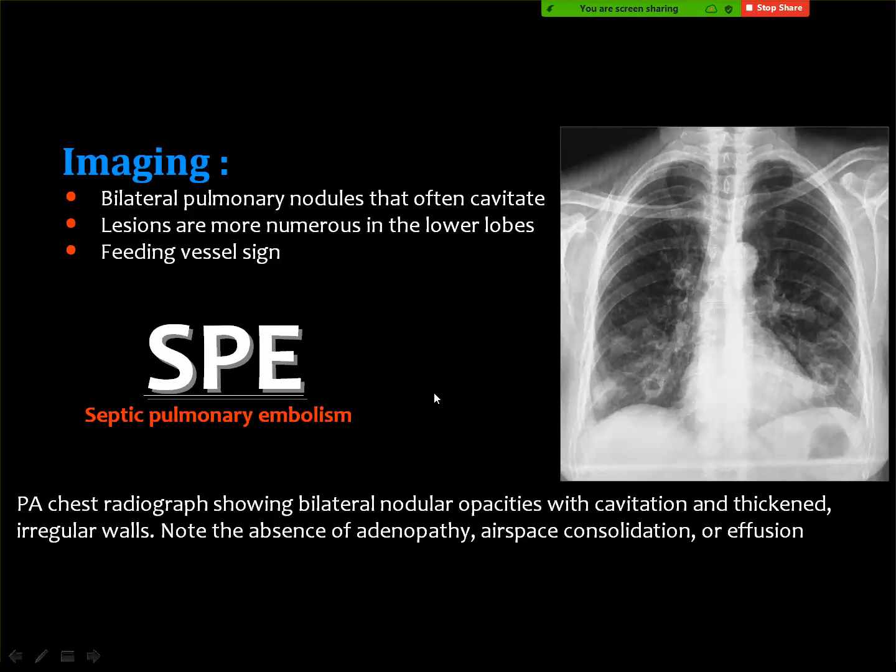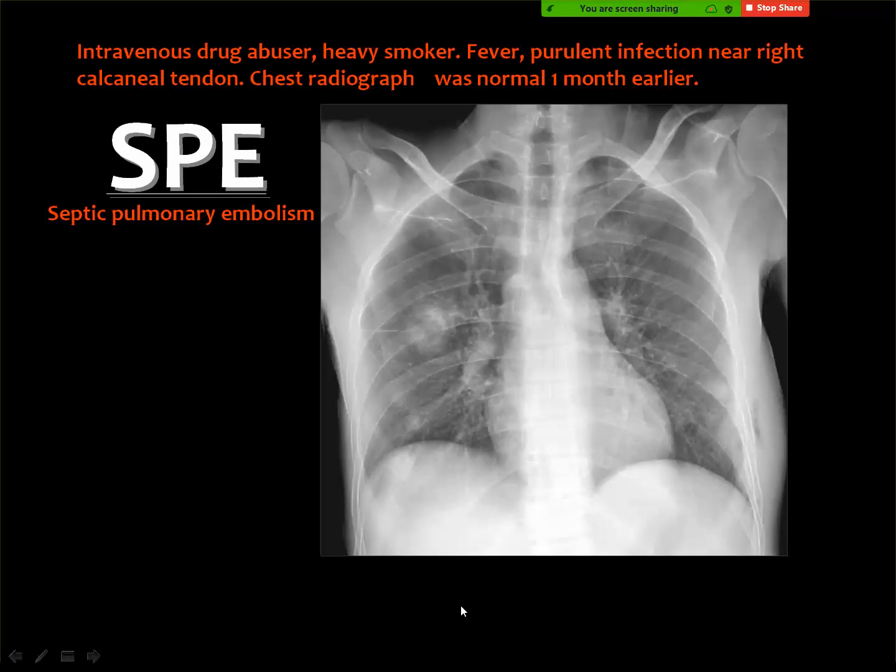Other diagnostic possibilities include cavitating metastasis, Wegener granulomatosis, and rheumatoid nodules. Also, of course, the septic emboli.